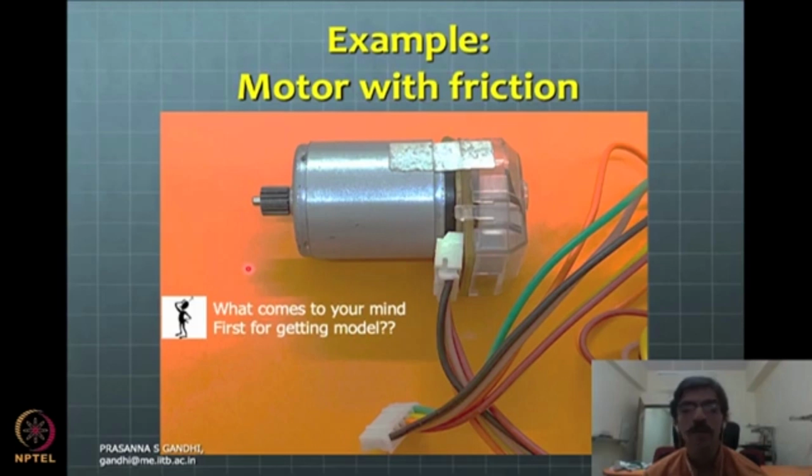Think about the electronics domain also in a similar fashion, and see what equations, or what elements in the electronic circuit, we need to consider. You are applying voltage, so a voltage source is there. Then there will be some resistance from the wires. Since the wires are in coil form, there will also be some inductance.